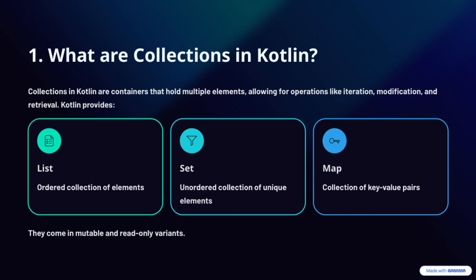You can access elements by their position, which makes lists very versatile. In Kotlin, collections are powerful containers that hold multiple elements, and they support various operations such as iteration, modification, and retrieval. These features are fundamental as they enable us to manage data efficiently and write cleaner, more expressive code.